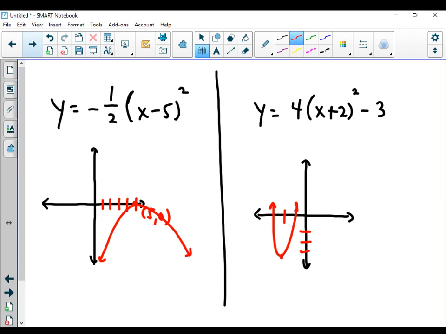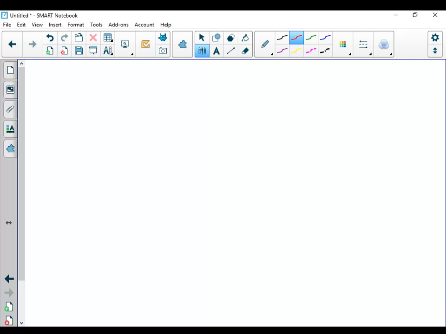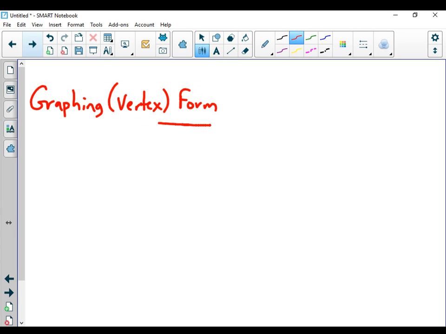Now, all these equations, or most of these equations that you guys came up with and I gave you here, were fairly quick to graph because they're in what we refer to as graphing form, or sometimes you hear it called vertex form. So if an equation's in graphing form, here's the general equation that we're going to use.